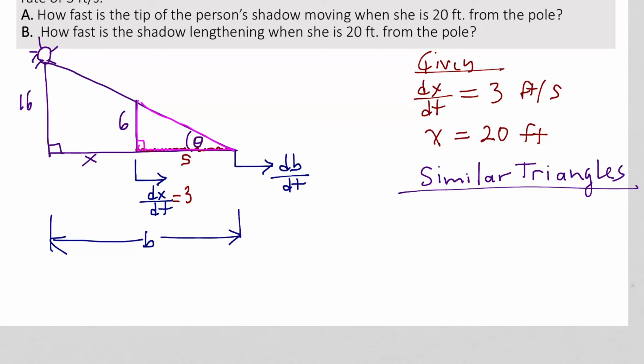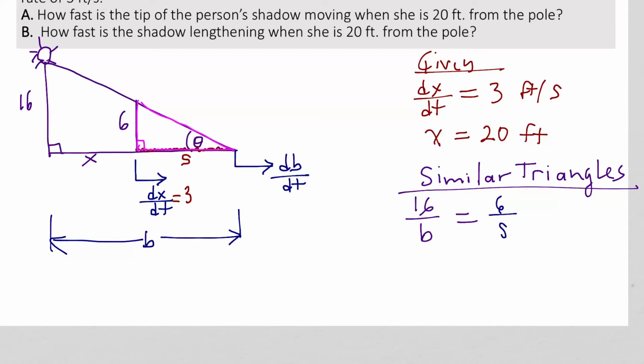Anytime two triangles have two congruent angles, the third will also be the same, and therefore they'll be similar, enlargements of one another. So we can set up proportions. We can say that 16 over this longer side, which we're calling b, is the same fraction as 6 over this side s. 6 over s.